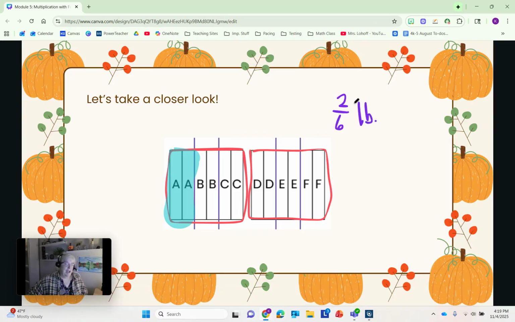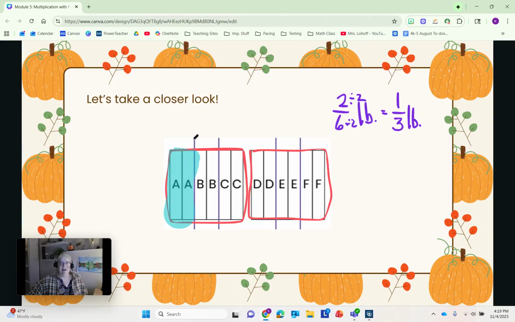Now, if I look at that fraction 2/6, I know I can reduce it. I can make it smaller. 2 is even and 6 is even, so I can divide them both by 2. 2 divided by 2 is 1. 6 divided by 2 is 3. So each friend got 1/3 of a pound.